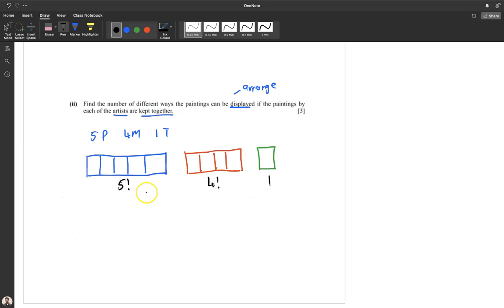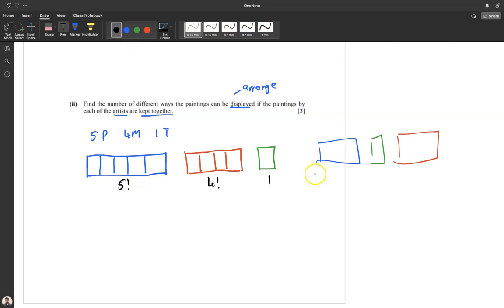Now, the problem lies when you stop here. Remember that these 3 blocks can also be swapped and arranged in different ways. I can have this first, then this one, then this one, so there are different arrangements. You need to think how many different arrangements of these 3 blocks I can have.